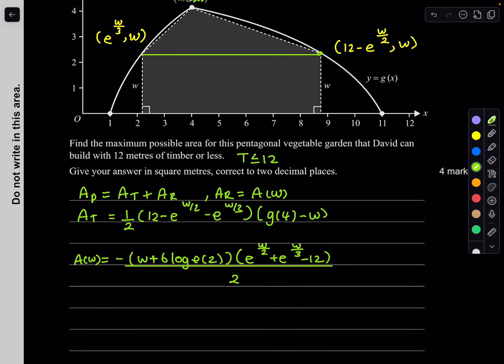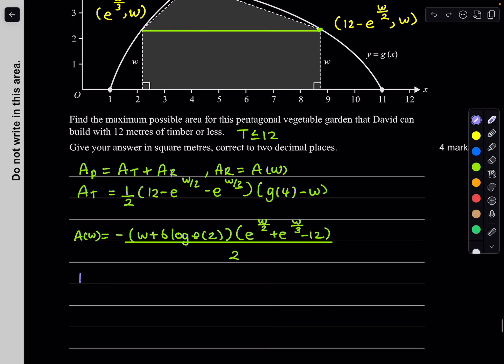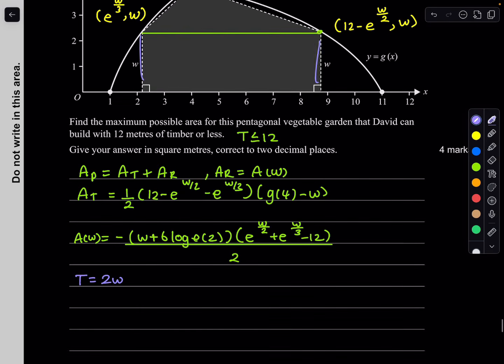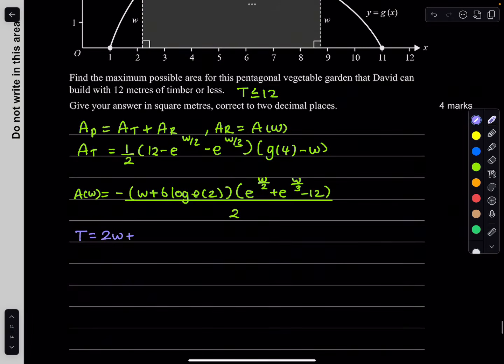What's the formula for timber? Timber is going to be your 2W, so these two lengths over here, plus these two over here. To get the lengths of those, it's really easy, just using the square root, the distance formula for both.